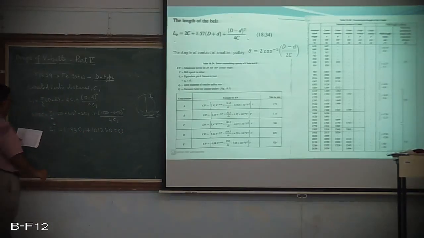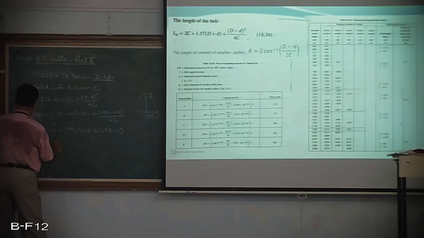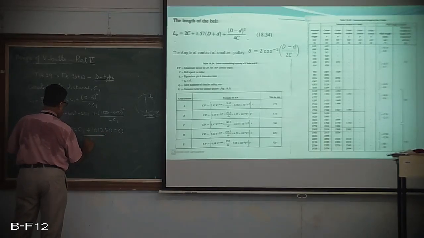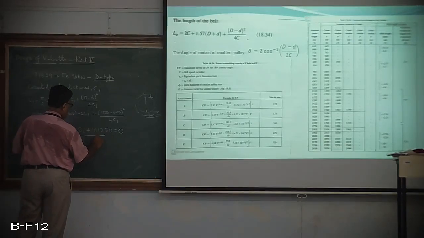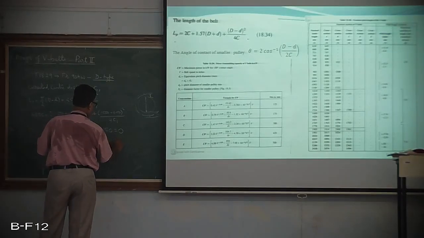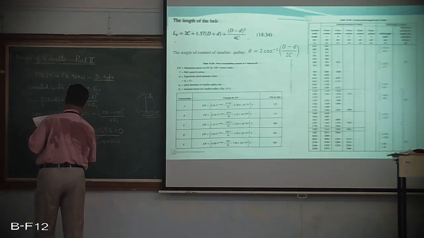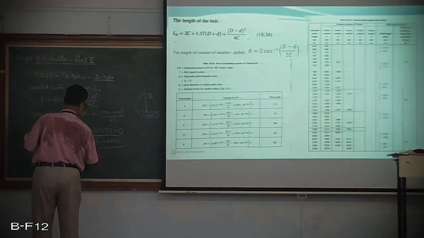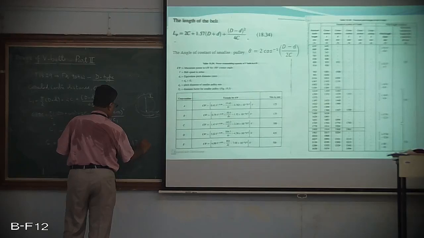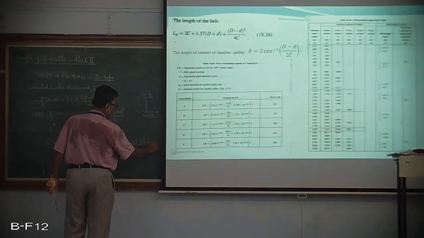The root of this equation, if you find out, C1 is equal to minus B, that is minus 3, plus or minus root of B square minus 4AC, that is 1793 and 10125, upon 2A, this is 2. So this will give me the final center distance as 1735 mm.